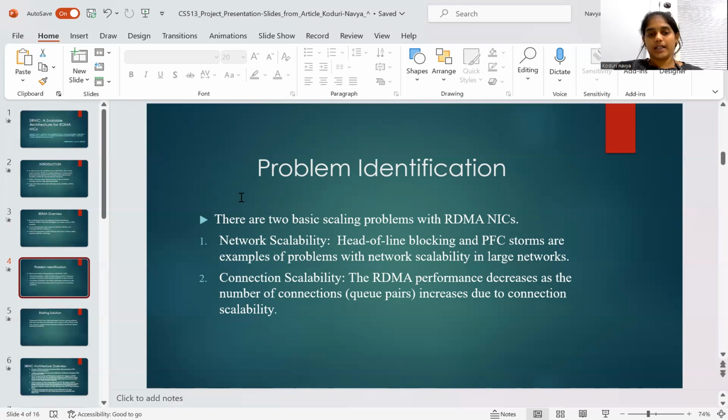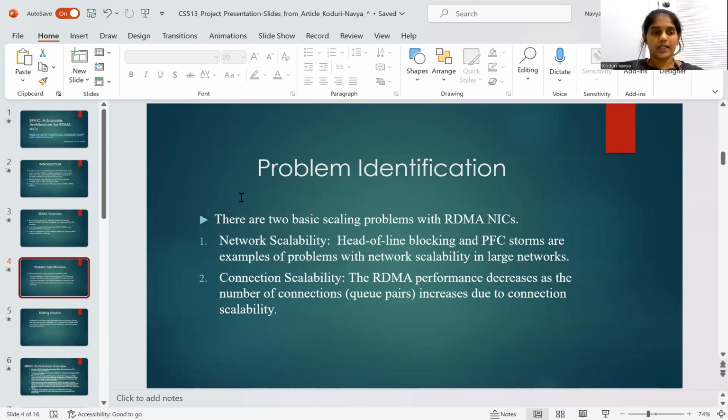Network scalability: head-of-line blocking and PFC storms are examples of the problems with network scalability in large networks. And coming to connection scalability, the RDMA performance decreases as the number of connections increases.